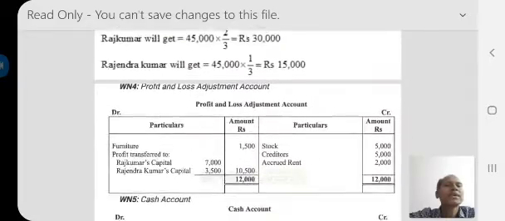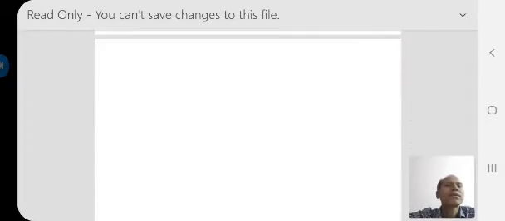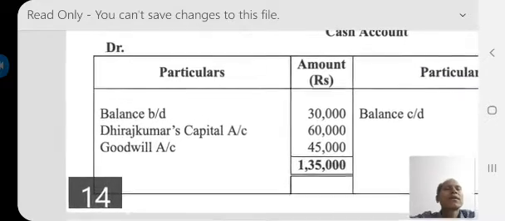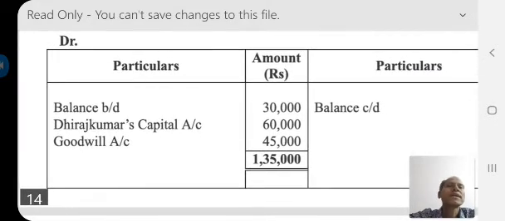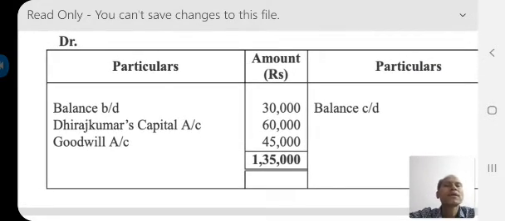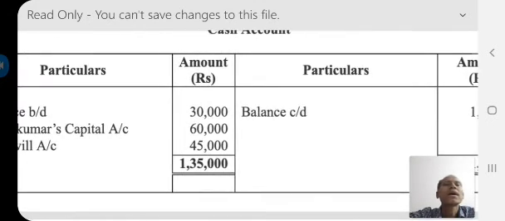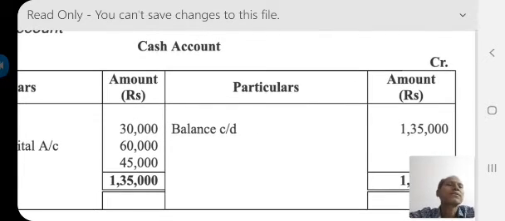Once again, you see this balance 30,000 in the beginning balance. Dheeraj Kumar capital 60,000, goodwill 45,000. This 1,35,000 is the balancing figure. 1,35,000 is cash.